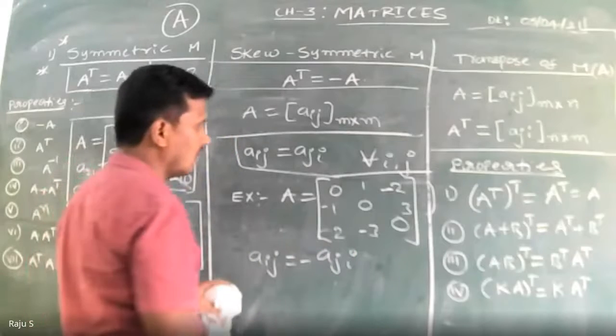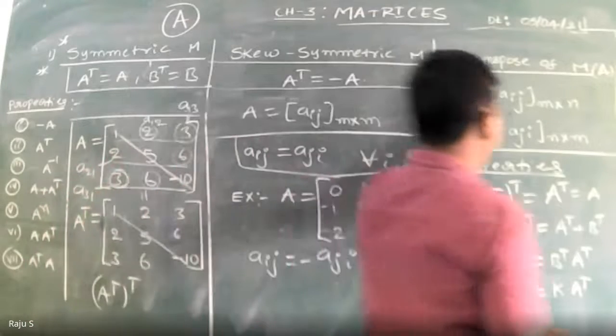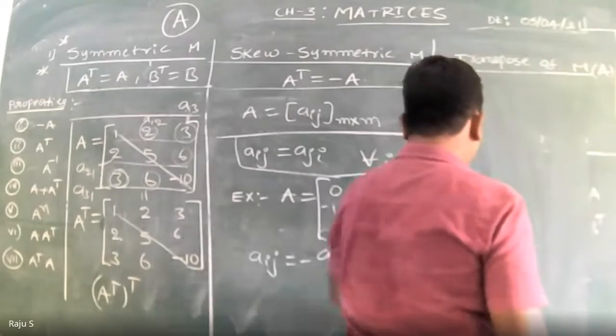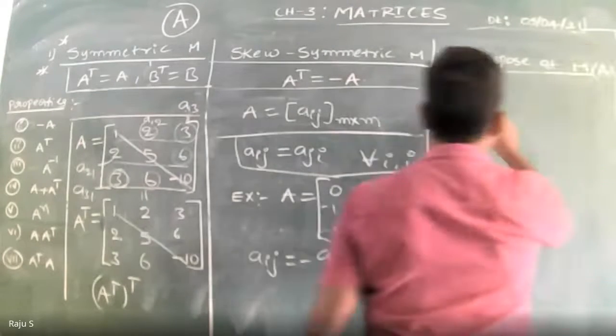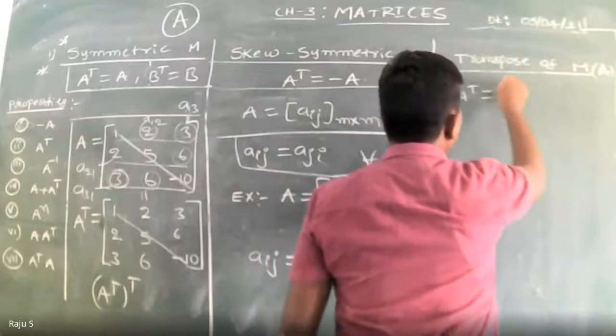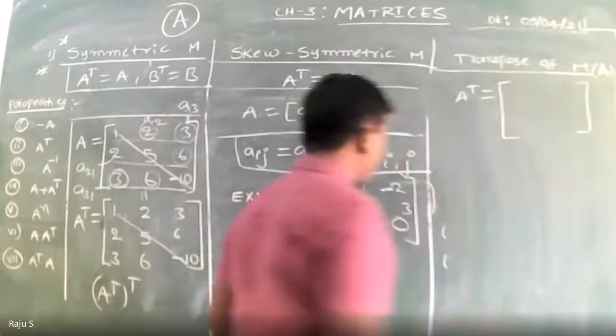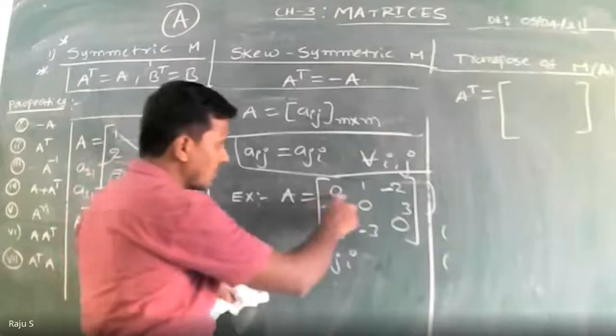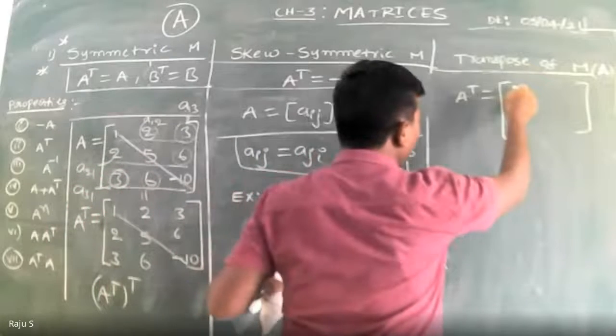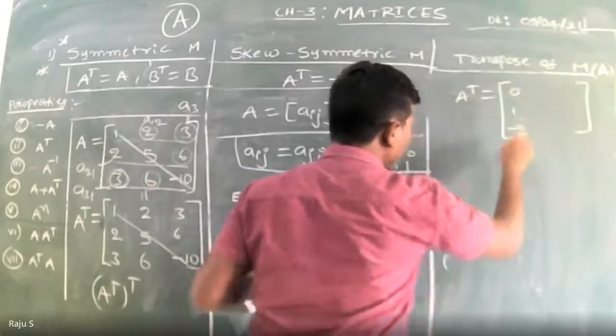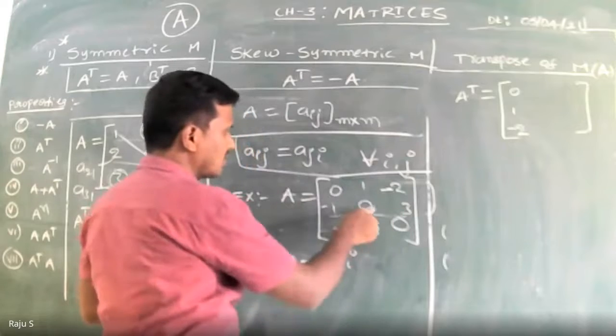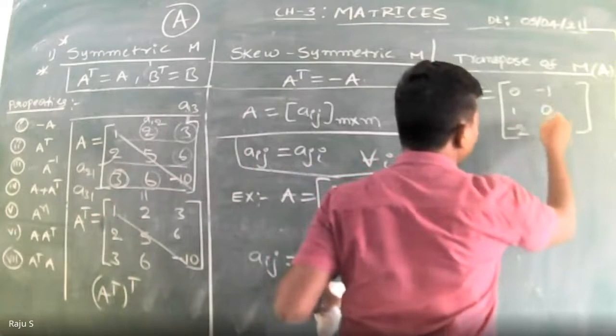Look at it, whether it is a skew symmetric matrix or not. Let us check now. All of you find A to the power of T, the A transpose. What is A transpose? The first row becomes the first column: 0, 1, minus 2. The second row: minus 1, 0, 3.